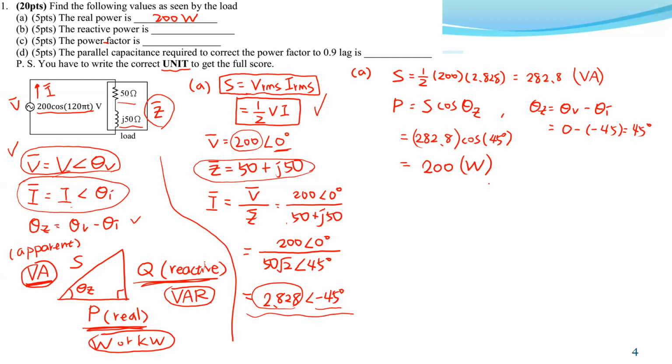Okay, and then we move on. We look at B. Reactive power is Q. So Q equals S times sine theta Z, which is 282.8 times sine 45 degrees, which is the same, 200, but right now the unit is VAR.